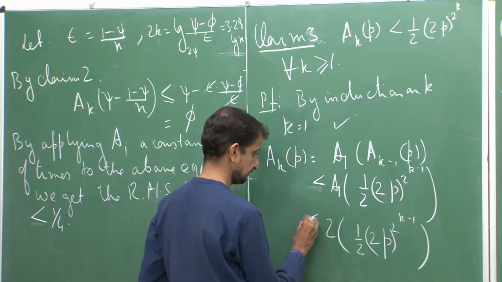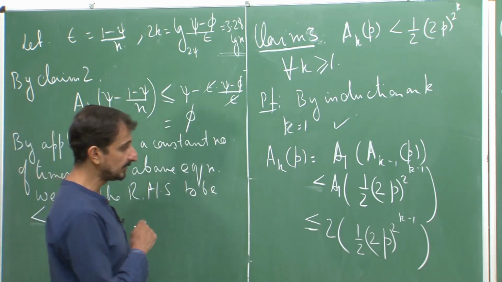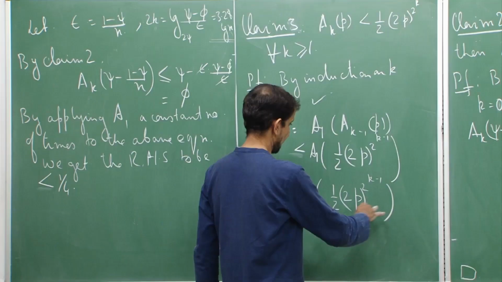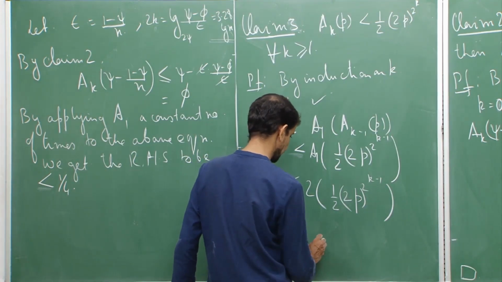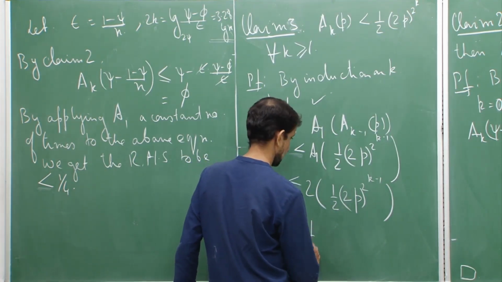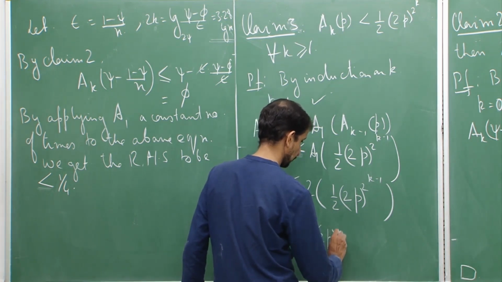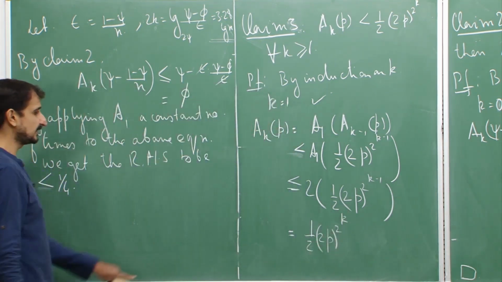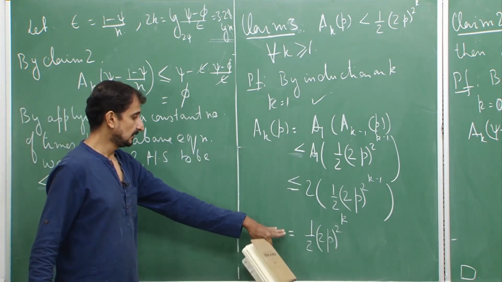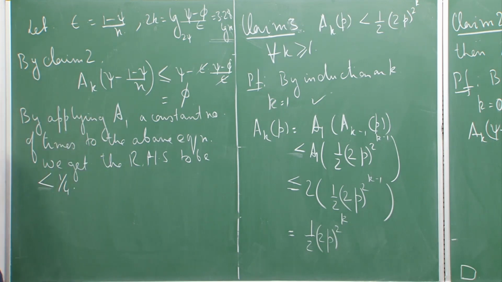So, I will just use less than or equal to and leave out the p to the power 4 term over here. And now, if you just simplify this, you will get that this is equal to half (2p) whole to the power 2 whole to the power k. Okay. So, the point is, it is just a straightforward simplification of this definition of A_1.